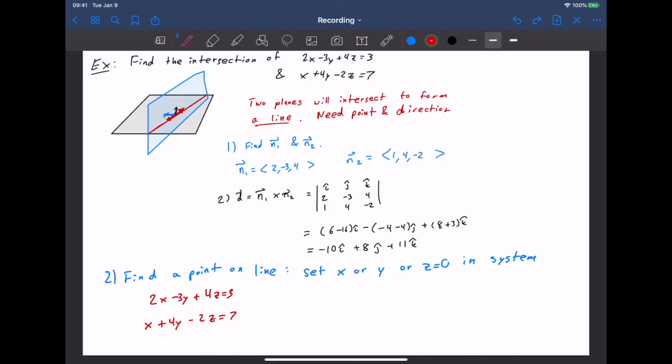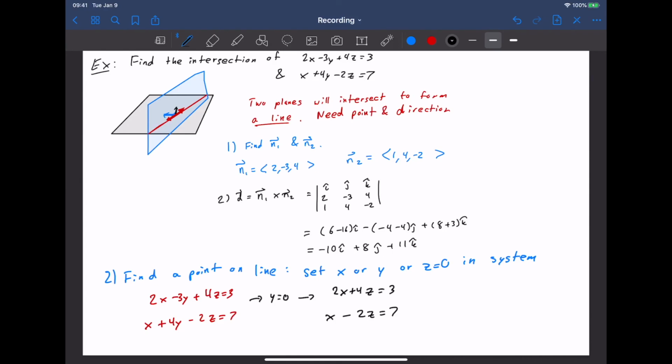I'm going to do y equals 0, okay? I don't like -3 and -4, so I'm going to do y equals 0. And what comes out? We get 2x plus 4z equals 3. And x minus 2z equals 7. Can you solve this? For 2 variables, 2 equations, we should be able to.